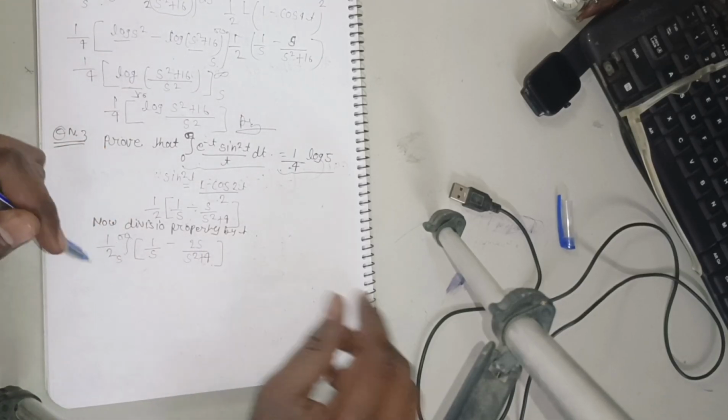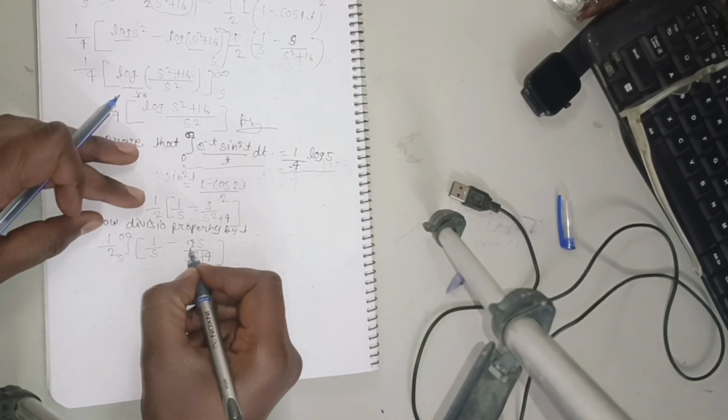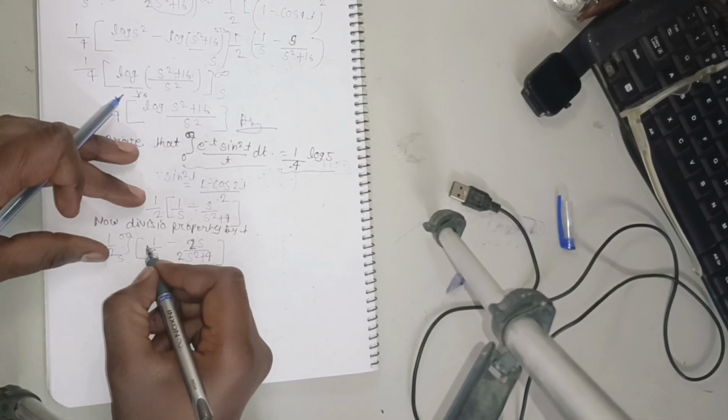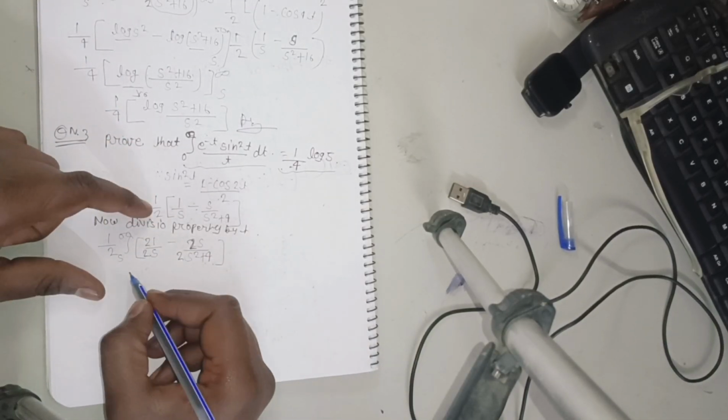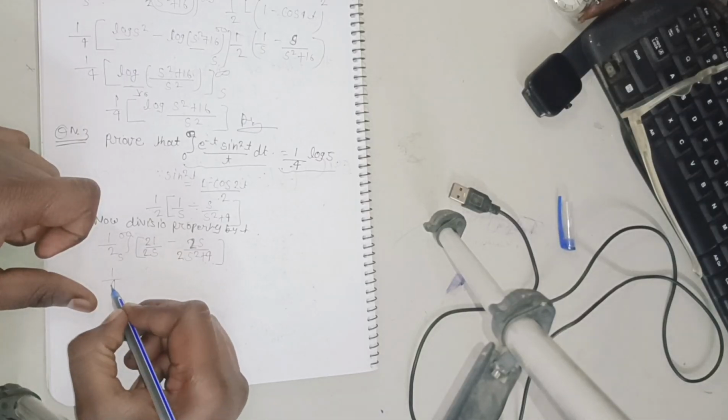I have balanced here 2 and upon 2, this is also 2 and 2. I will take 1 by 2 common, so here will be 1 by 4.